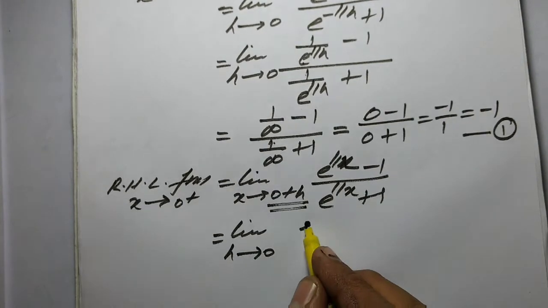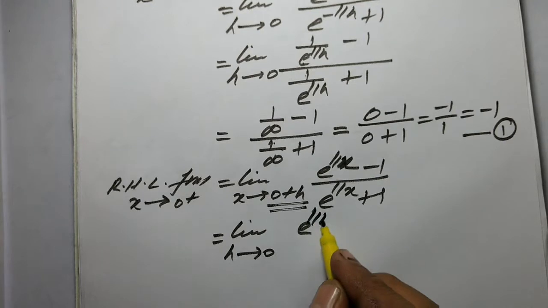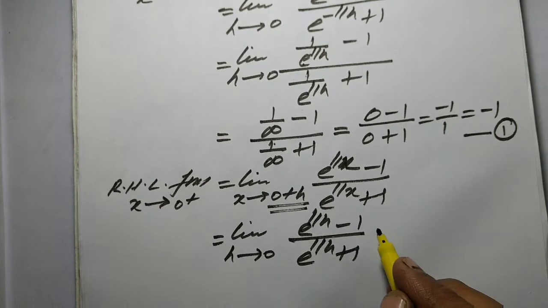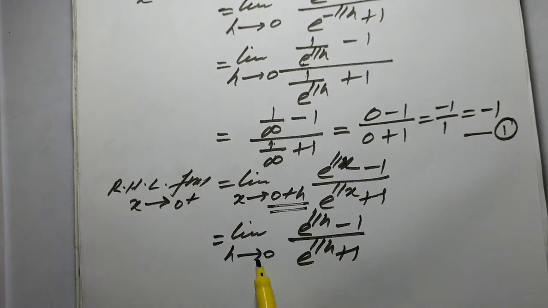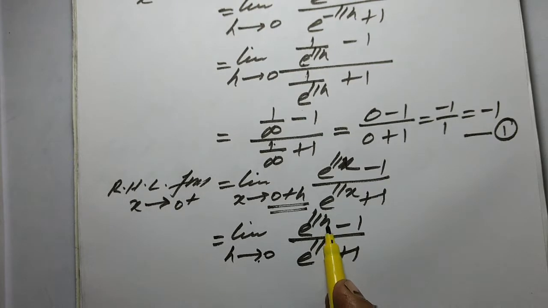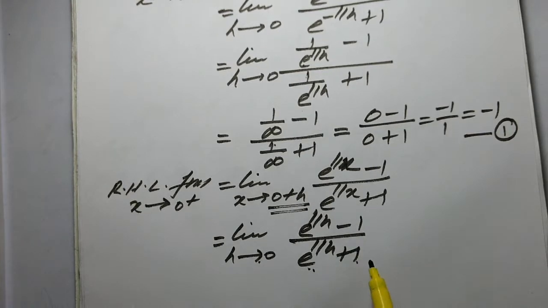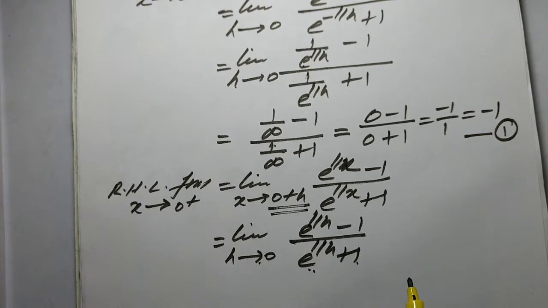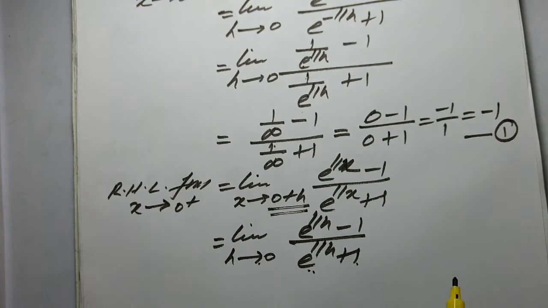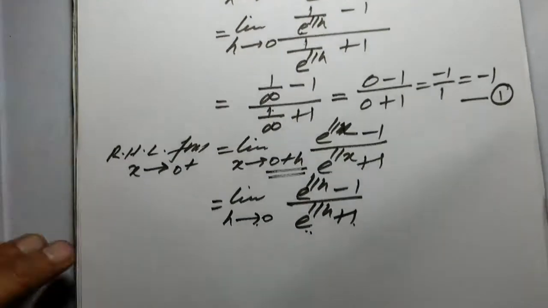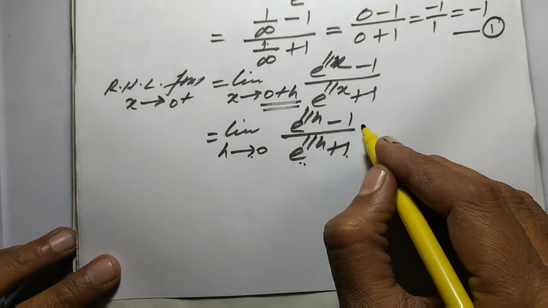So we have in the expression e^(1/h) − 1 upon e^(1/h) + 1. If we substitute h = 0 in this expression, we have infinity minus 1, that is infinity, upon infinity plus 1, that is also infinity. So infinity upon infinity we get, which has no value and is considered meaningless in maths. So we have to do something else.